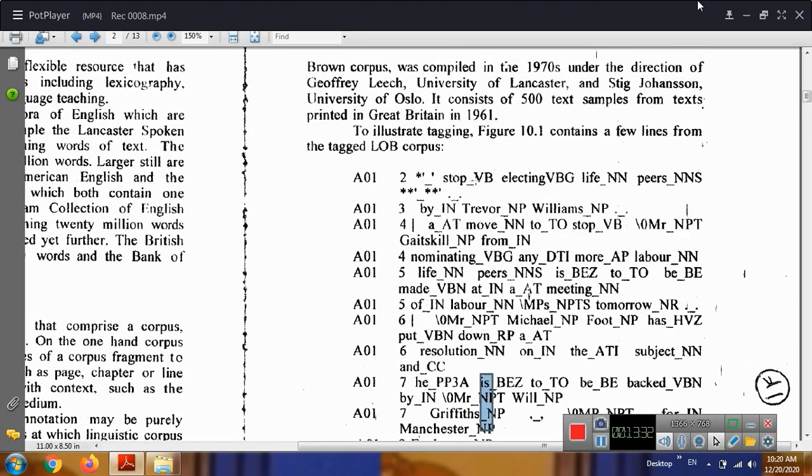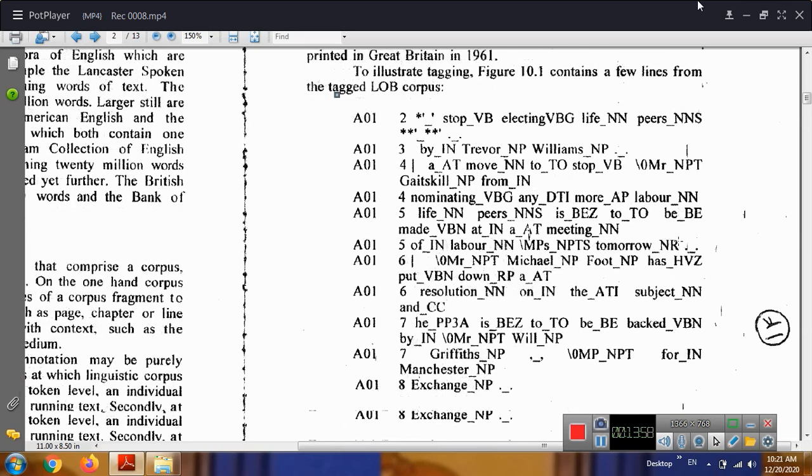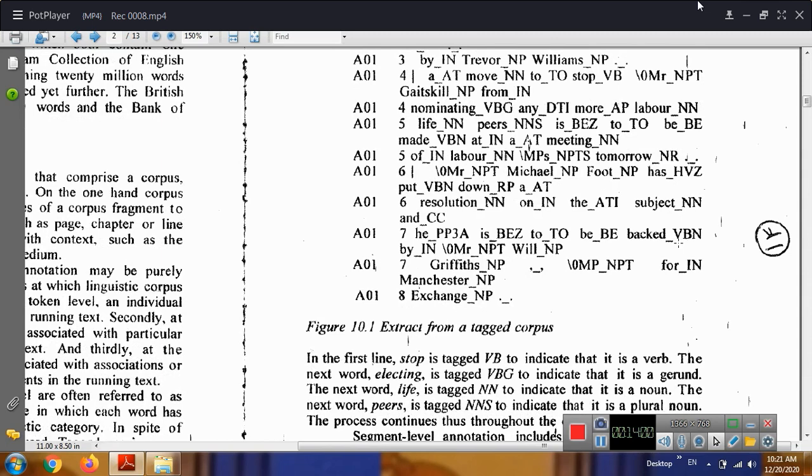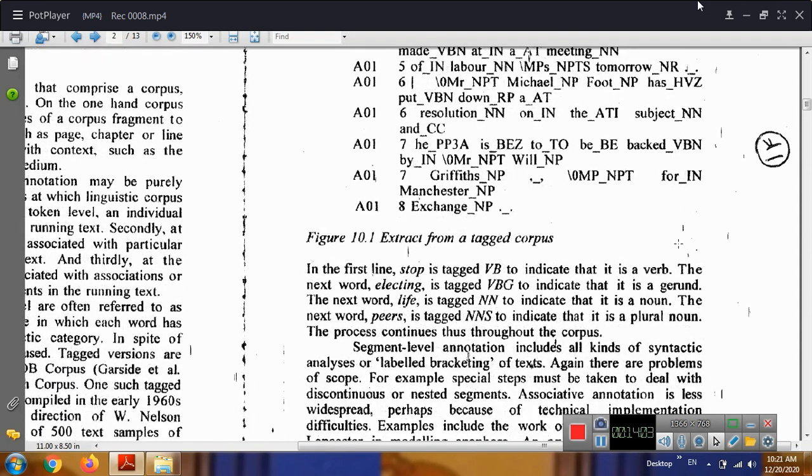As I told you, we assign codes at the token level. For example, here we have VB, which stands for verb, NN, which stands for noun, and NNS. Here you can see the syntactic codes: AT, NN, TO. All of them are syntactic codes.